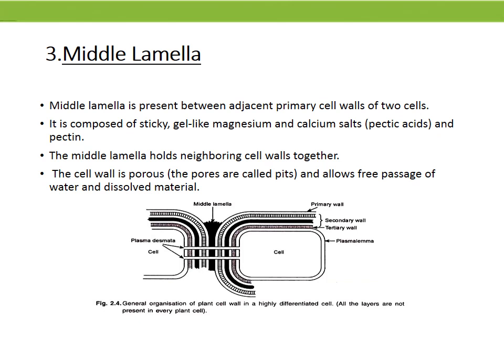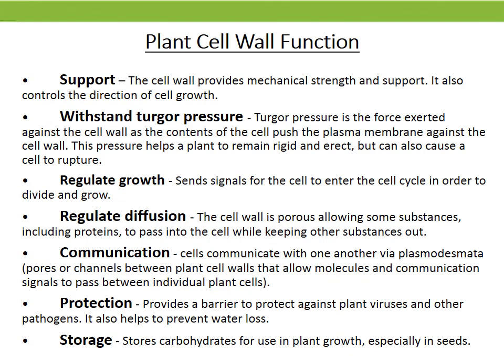The middle lamella holds neighboring cells together and the cell wall is porous. The pores are called pits and allow free passage of water and dissolved material. In between two cells, these pits are used to transfer different material.